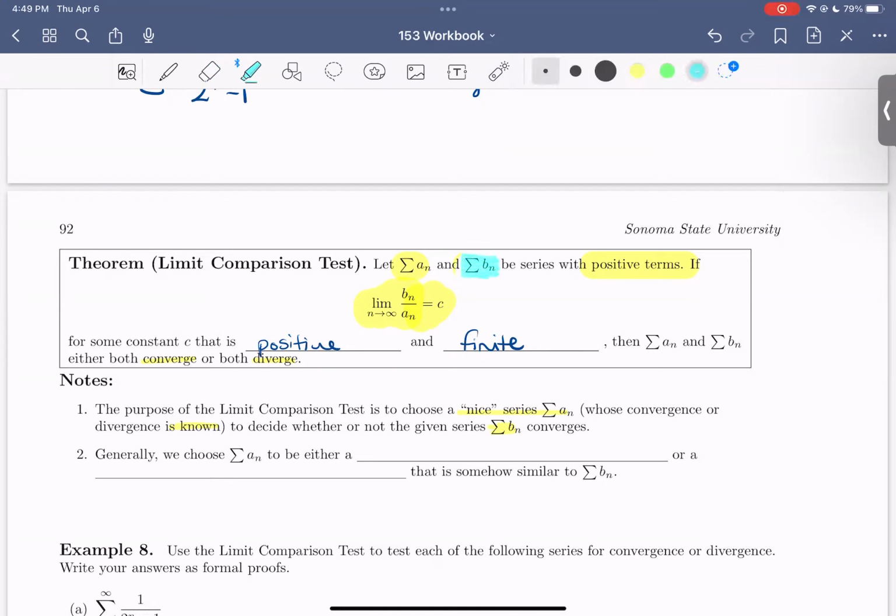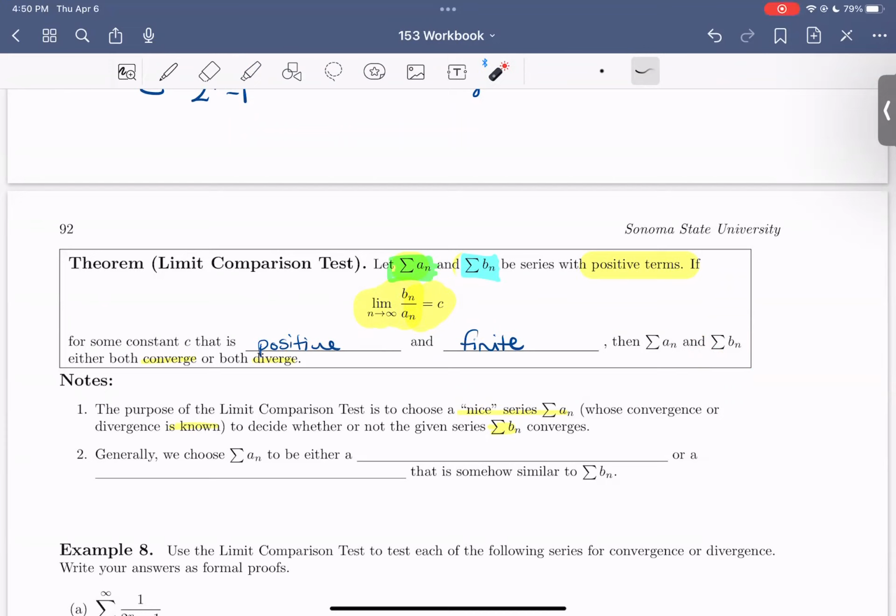It's given to us and we're asked, so what about its convergence? Then we need to find an a_n series where we know if it converges or diverges, such that this ratio becomes positive and finite. Then we can determine what the b_n series does based on what the a_n series does. Okay, we'll see some examples of this in some of the next videos.